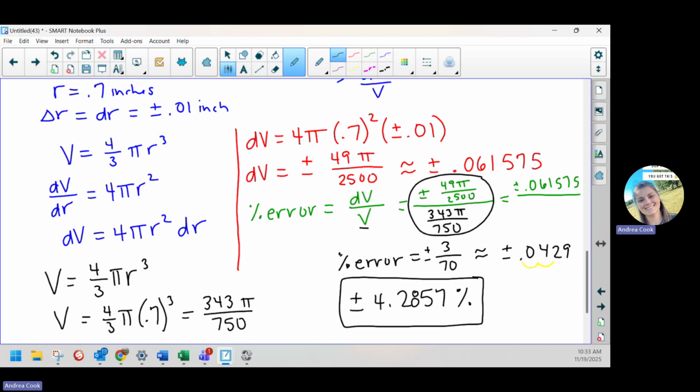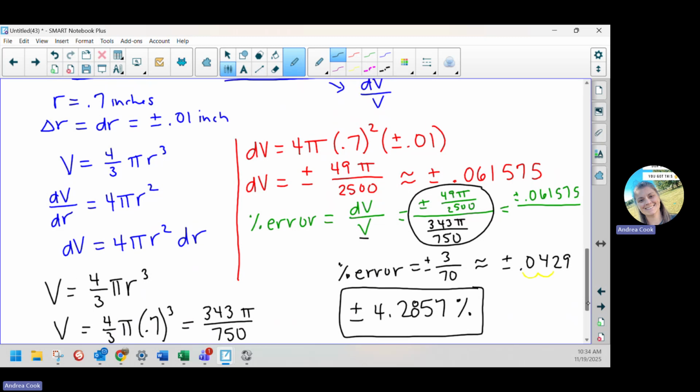So if you're trying to fit a sphere in a machine and the volume needs to be within a certain range, you have this constraint to make sure that the spheres will fit into the thing that you're trying to build. So this gives you how much the volume will be off if the radius of the sphere is off by that much.